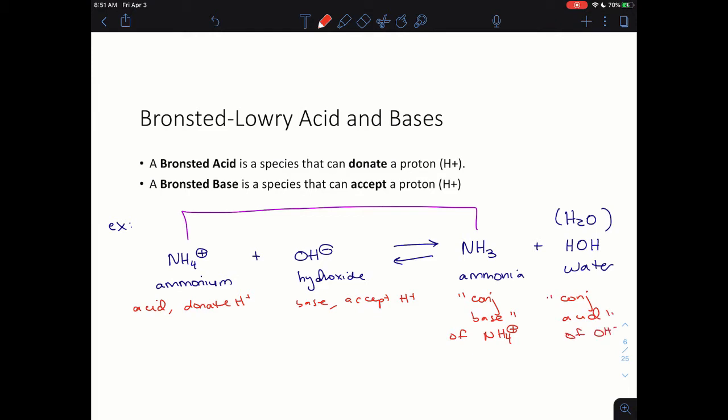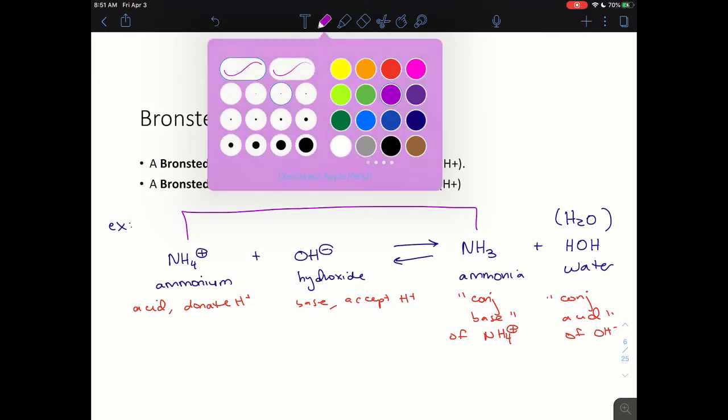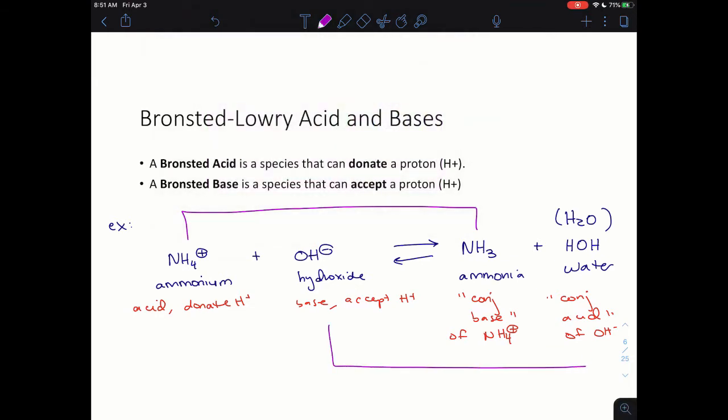It's the conjugate acid of hydroxide because if it donates a proton, what acids do, it makes hydroxide. So we have our two conjugate acid-base pairs in this proton transfer reaction. So the acid, ammonium, which you called HA in general chemistry, it donates a proton to make A-.